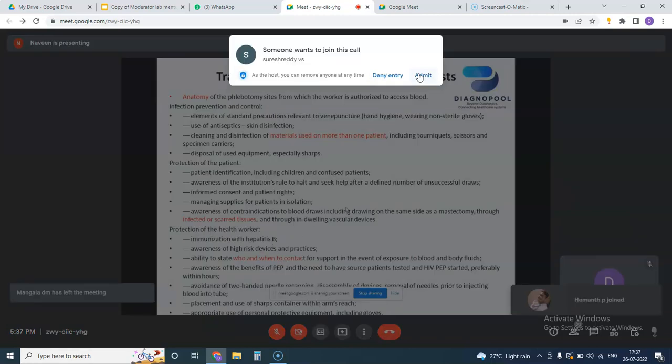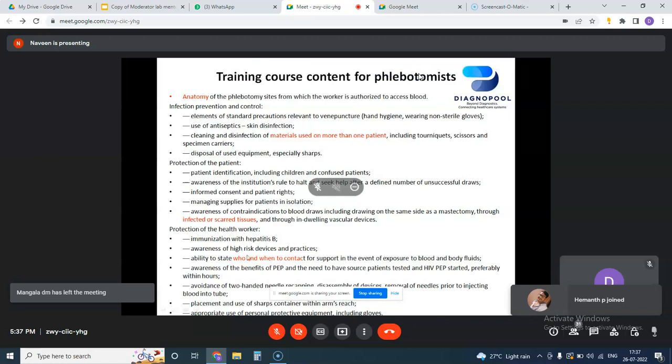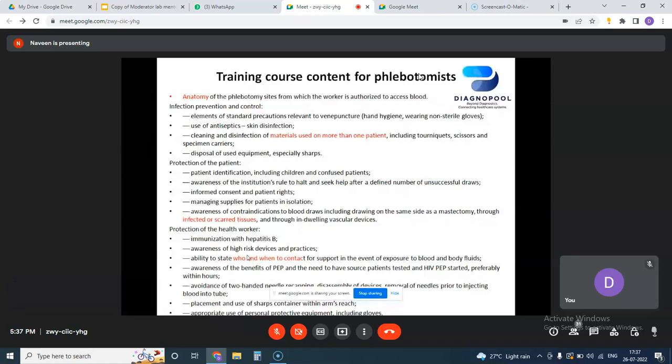And always the training should include post-exposure prophylaxis. The phlebotomist should know whom to contact, when to contact, and when it is called an exposure. So all these things should be covered in a training process.